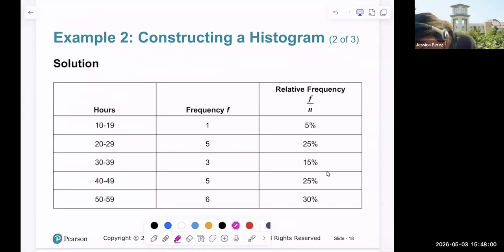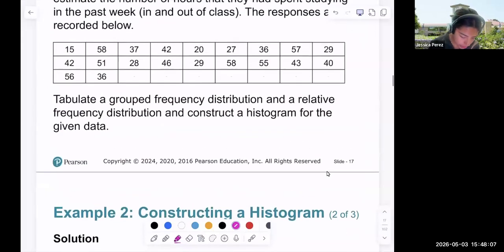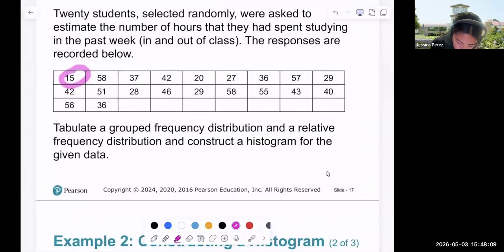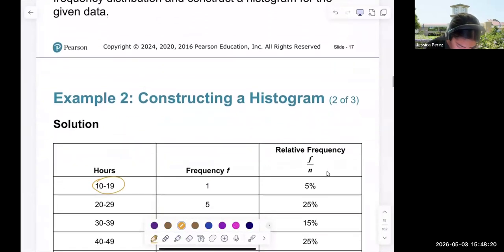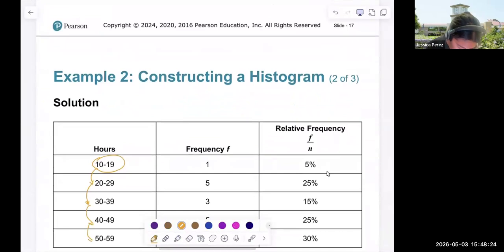We said we want to look at a list of tens, right? If I look at my data, I have a 15 and go up to a 58. So that means I want to create a width of 10. See how this is 10 to 19, and then 20, 30, 40, and 50. So my class width is equal to 10. I'm splitting in brackets of 10.